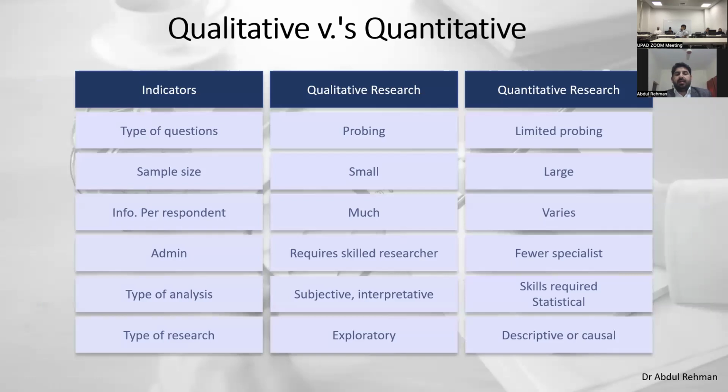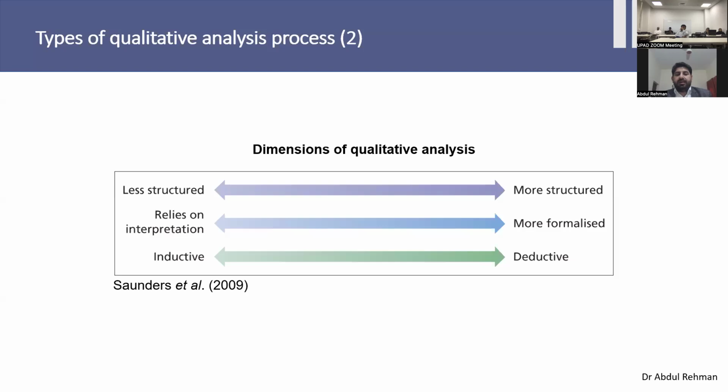So there are other differences between qualitative and quantitative. The qualitative analysis process is less structured and relies on interpretation, while quantitative is more structured and more formalized.